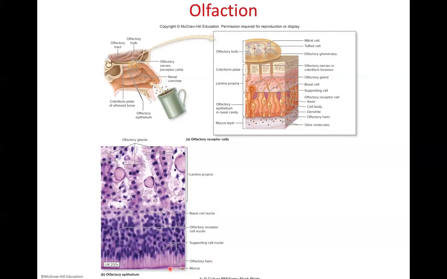Here's the mucus layer down here with olfactory hairs that are specialized to detect just one odorant molecule. And then if they're stimulated, that nerve impulse travels up through the olfactory receptor cells and gets passed to the neurons within the olfactory bulb.